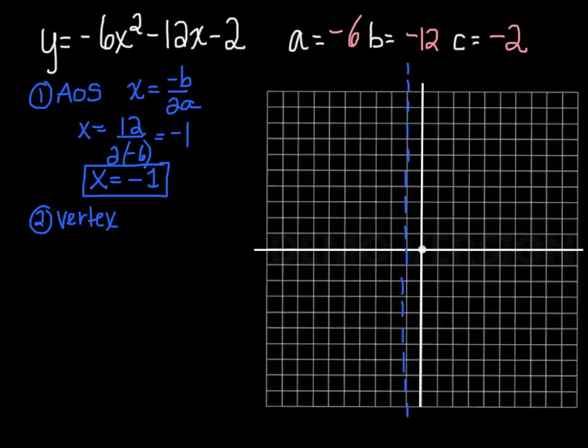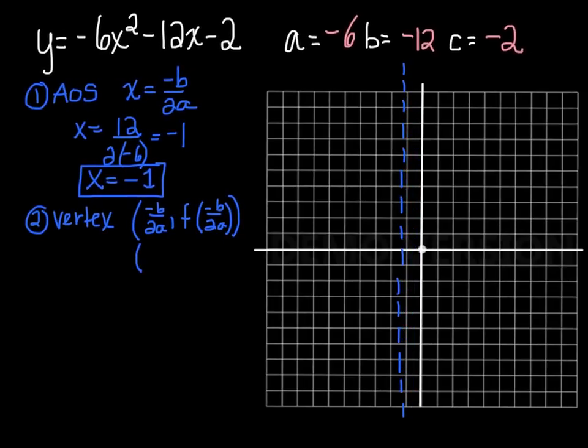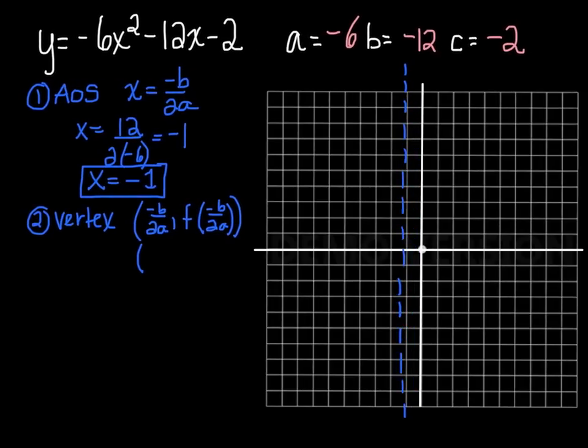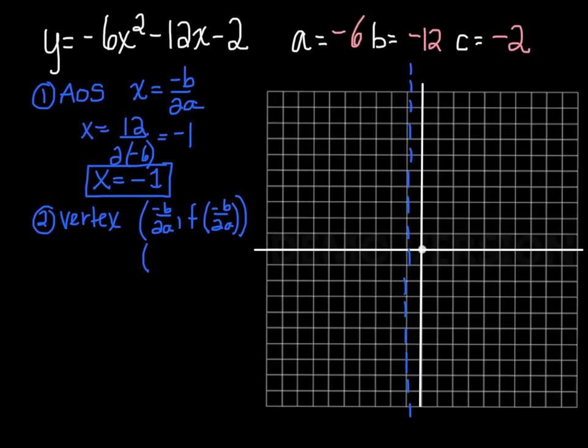Okay, now the second step is I want to find the vertex. And remember, I know it looks crazy, but the vertex is -b over 2a, and the function evaluated at -b over 2a. So right now, I know the x of the vertex is -1. And I want to plug it in to find out what my y is.